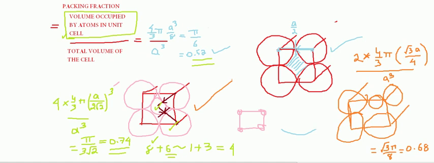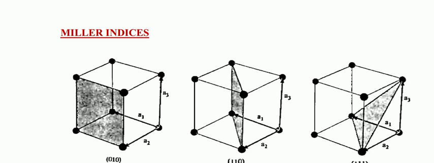Now we will move on to discuss Miller indices. So Miller indices. Now before discussing the physical meaning of Miller indices and what was the reason that actually gave birth to Miller indices, we will just evaluate how Miller indices are calculated, and this will be just a mathematical lecture.